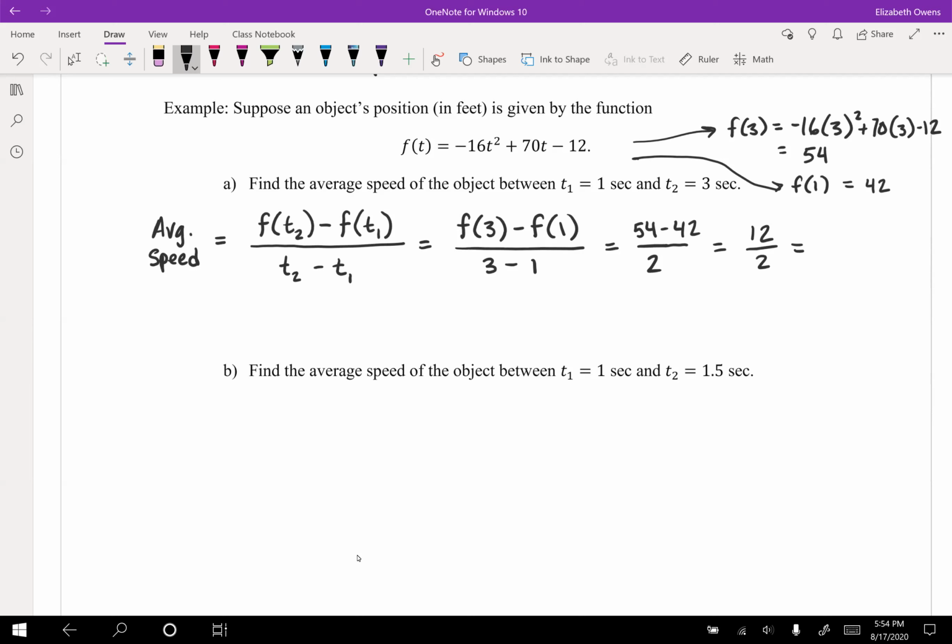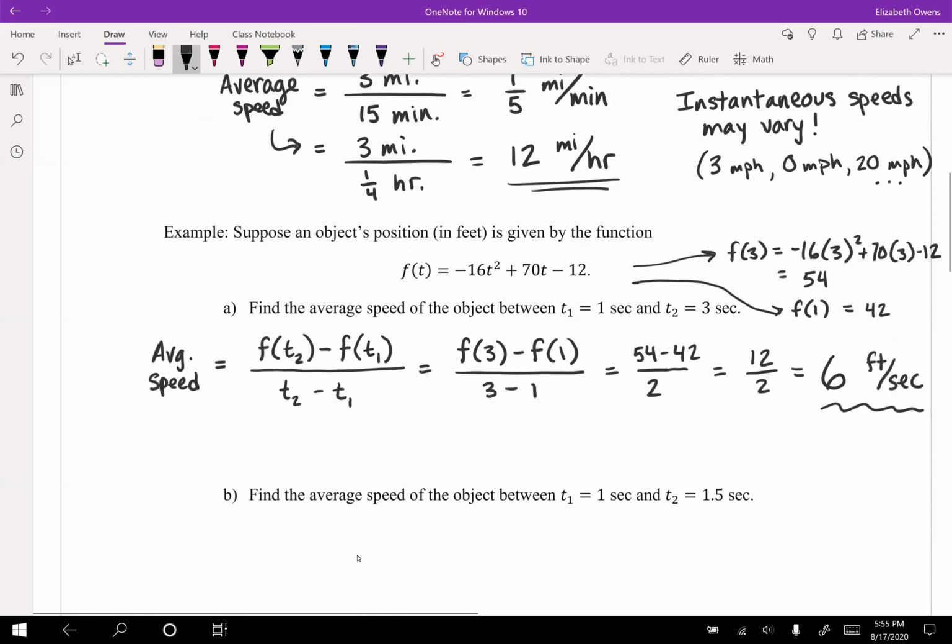And so we would end up getting an average speed of 6 feet per second. There's our average speed between 1 second and 3 seconds: 6 feet per second.